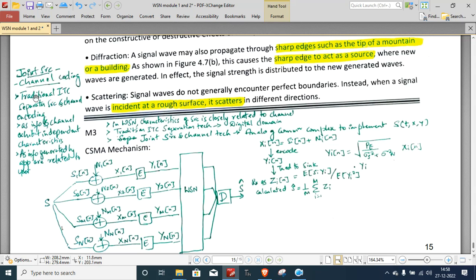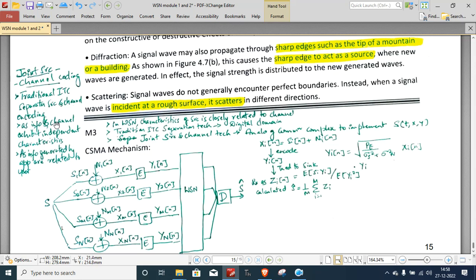Whereas traditional information theory and coding separates source encoding and channel encoding, as information and channel exhibit independent characteristics in such cases, as information generated by applications is related to the user. So user-dependent data will be there, and it differs from person to person. Thereby these have to be separated. Both source and channel have to be separated because they exhibit independent characteristics.